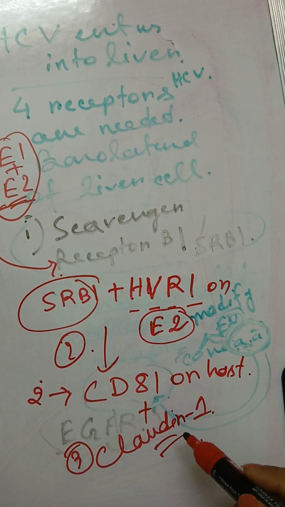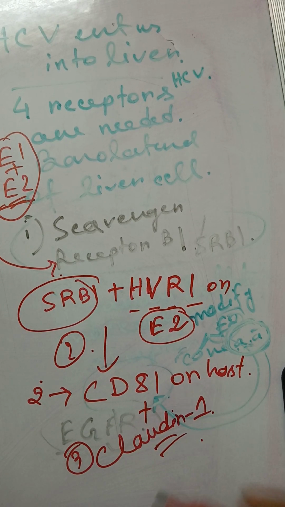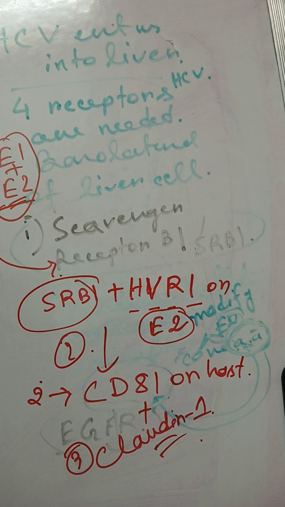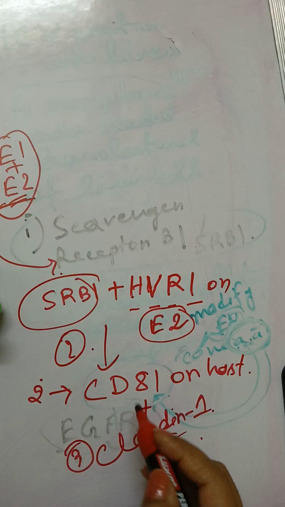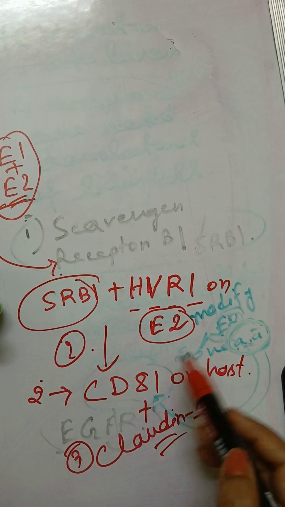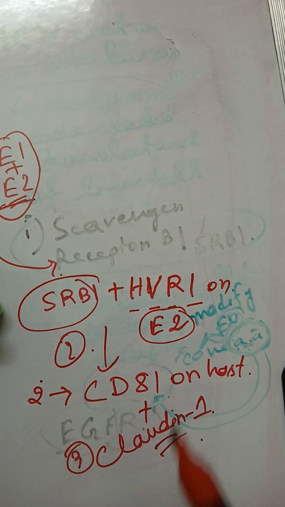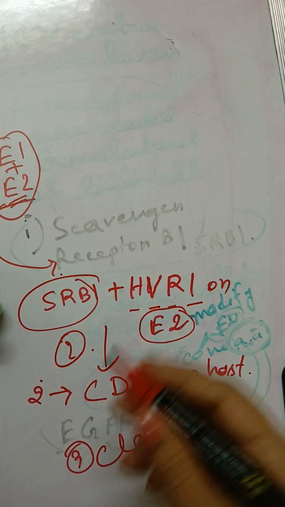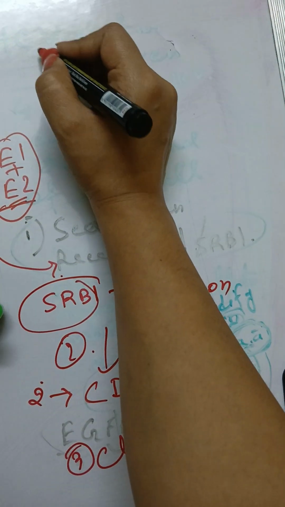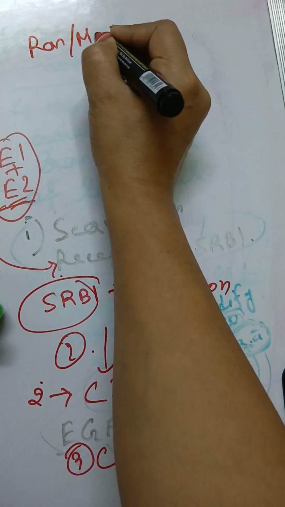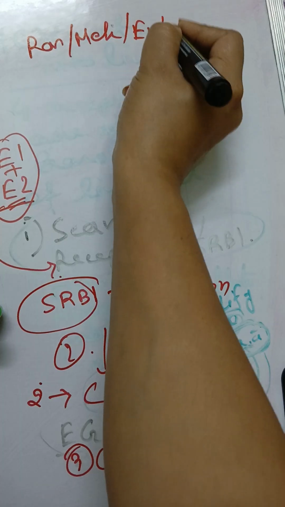And during this phase, another type of cell signaling becomes activated due to this EGFR. Now, what is the cell signaling pathway? When CD81, claudin 1 and this E2 bind and make a complex, this EGFR, as I have already mentioned, will stimulate the RAS-MAPK ERK pathway.